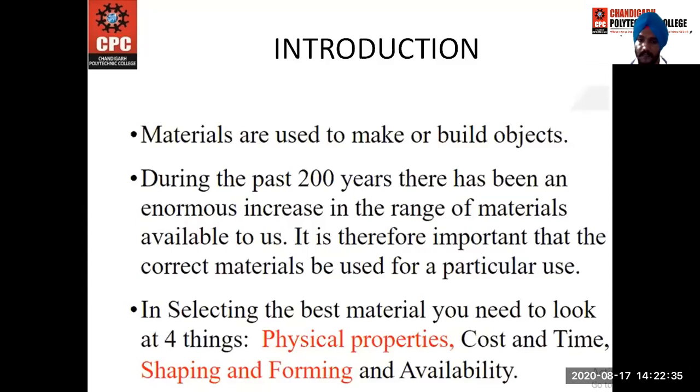Number three is time, shaping and forming, and availability. What are the physical properties of the material? What is the cost, and does it affect the final product or not? Is it time consuming or not? What are the shaping and forming processes, the different machining and other processes we can perform on it?